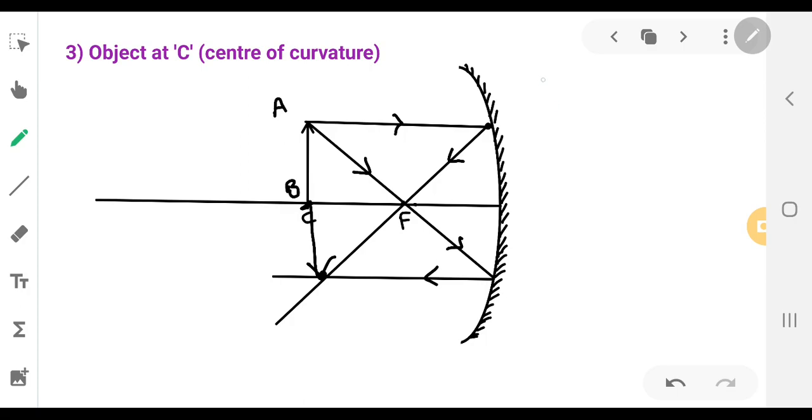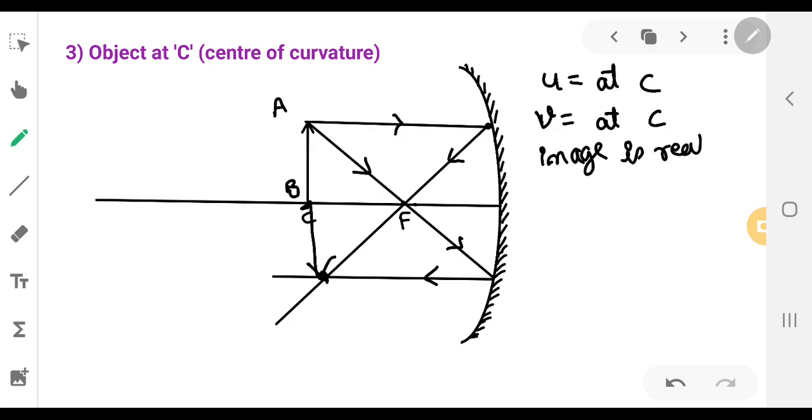So when the object is at C, the image is also at C. The image is formed by the actual meeting of the rays, so you can say the image is real. As it is below the principal axis, it is inverted.